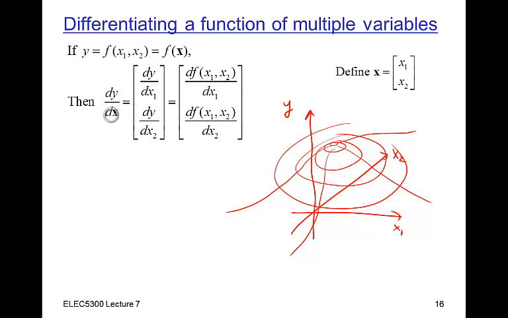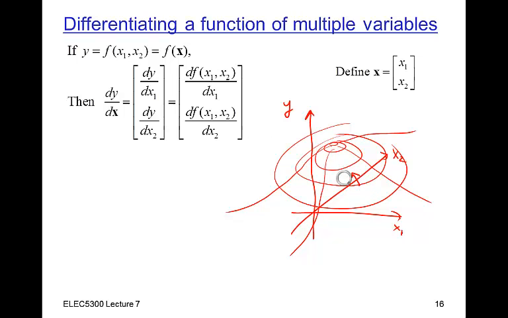And so the derivative dy dx is a vector, and that's just obtained by differentiating y in each direction along the x1 and the x2 axis. What that vector does is give us, for each point, the direction in which we need to go up the surface.